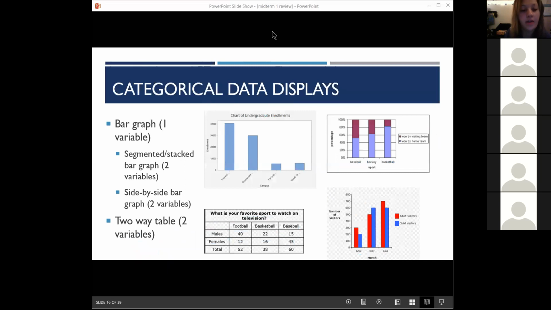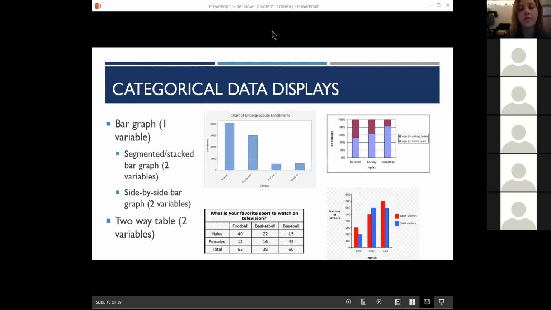Yep, you can also call that a frequency table because it's showing you the frequency of each categorical variable. So that's a good question. And I think you can also use frequency tables with one categorical, one quantitative.